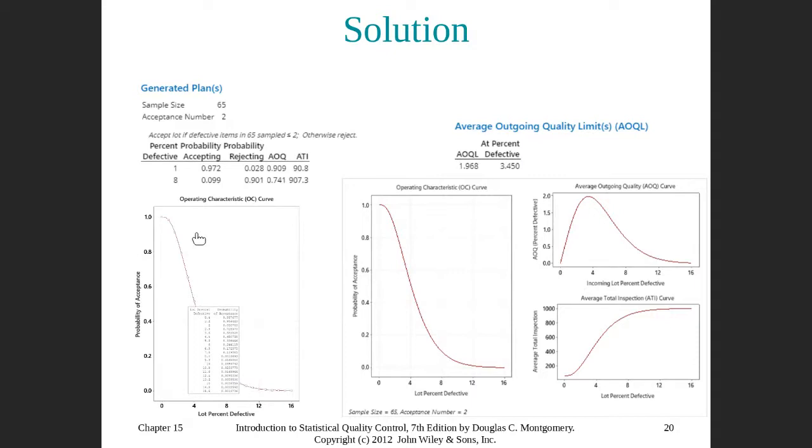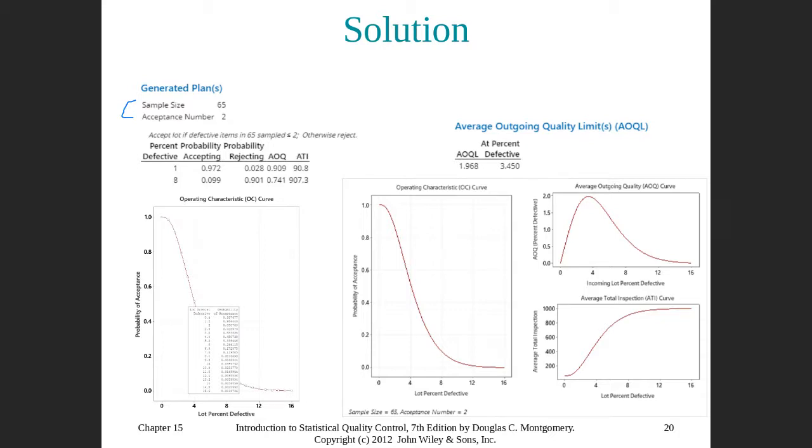We will see later, after the explanation of the results, how we can conduct this in Minitab. As you can see here, this is the second part of the findings. It gives you the sample size, which is 65, and the acceptance number is 2 defectives.